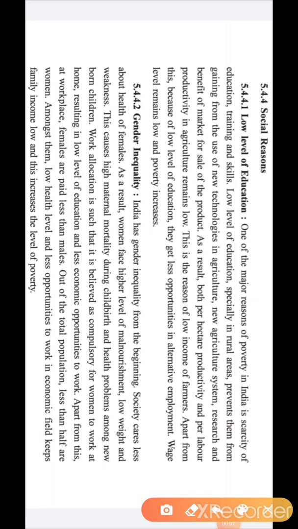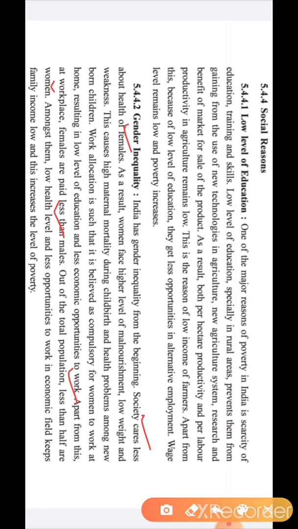Half of the population is female, and Indian society takes less care of the health of females. So they have a low health level, and education among females is also less.